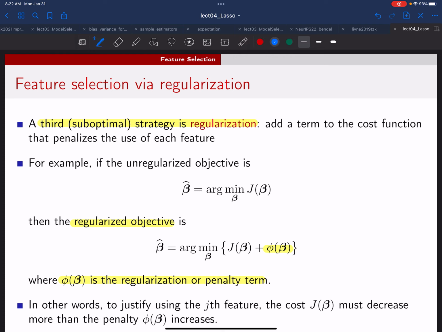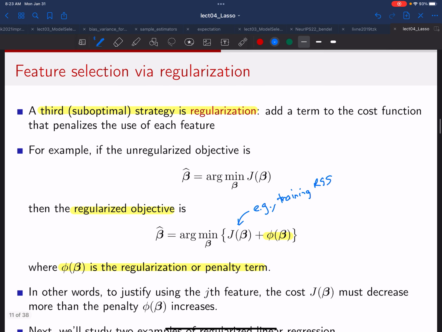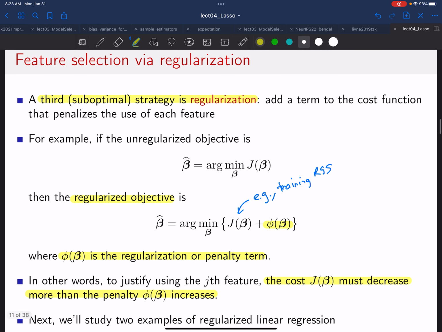So this would be like, for example, training RSS. Okay, so again, the intuition is that the cost must decrease more than the penalty increases for you to want to use all those features. And in just a moment, we'll see two very popular regularization terms. For now, is the main idea kind of clear?